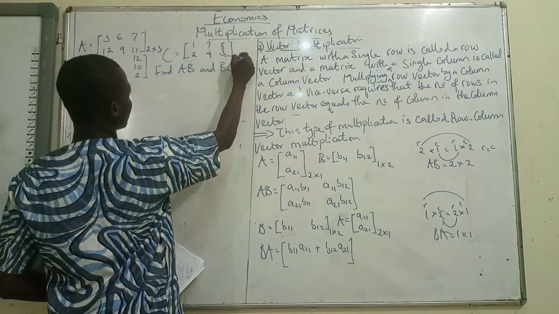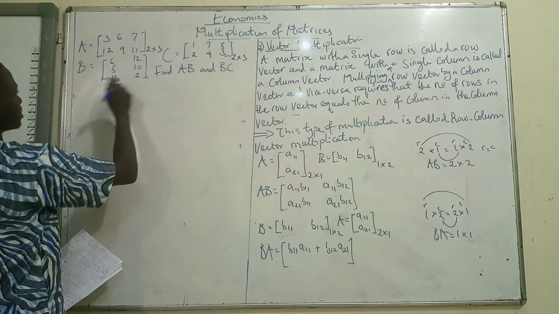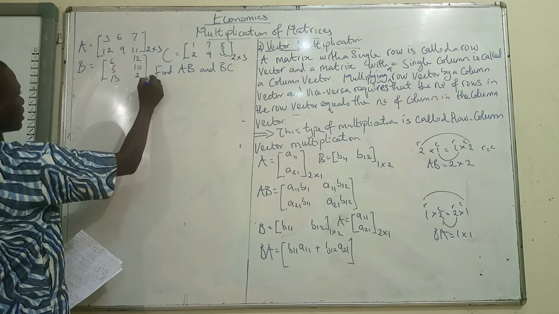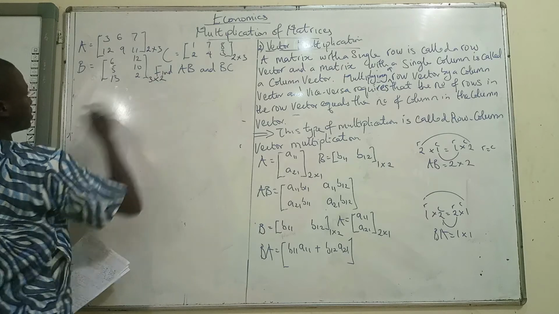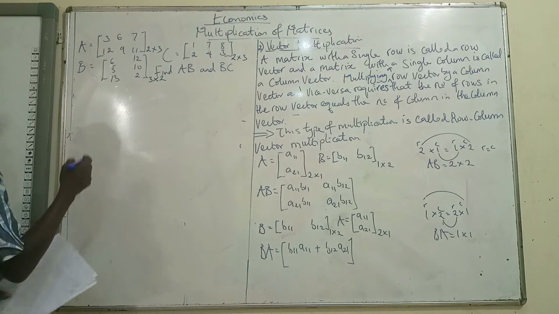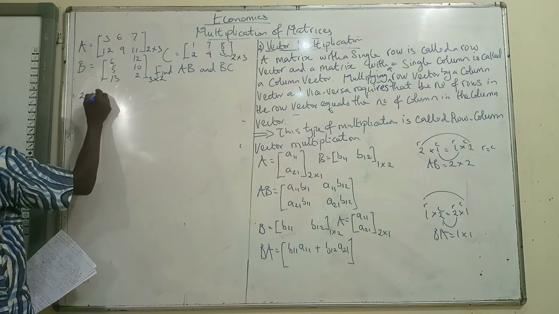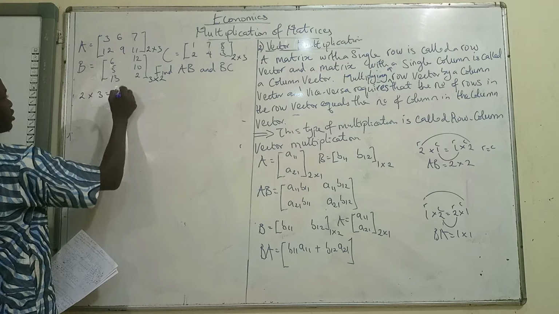So this is a 2 by 3 matrix, so there are 3 columns. And then what about this? We have 1, 2, 3. We have 3 rows, right? And then we have 1, 2. We have 2 columns. So for trying to find AB, what we start with is we have 2 times 3, right? 2 times 3, and what is B? B is 3 times 2.